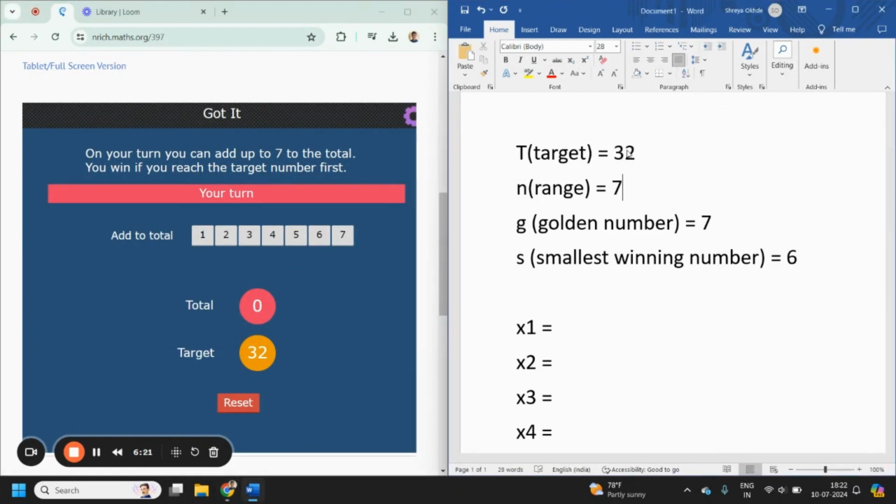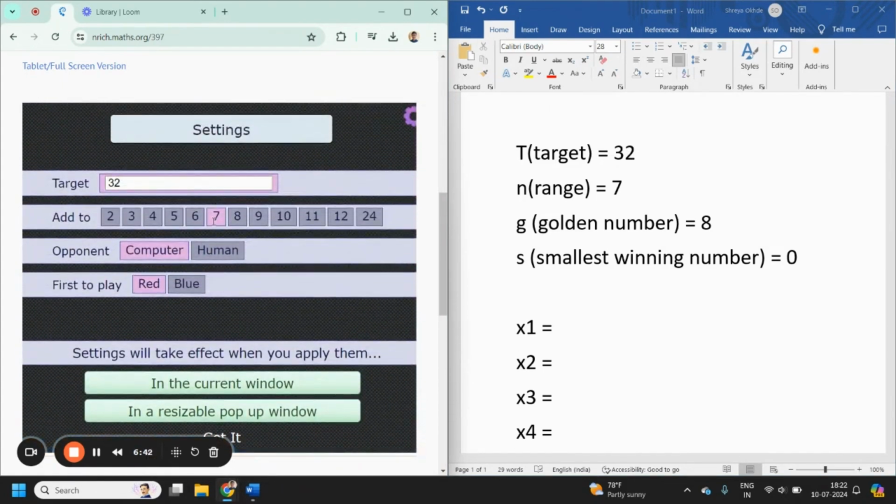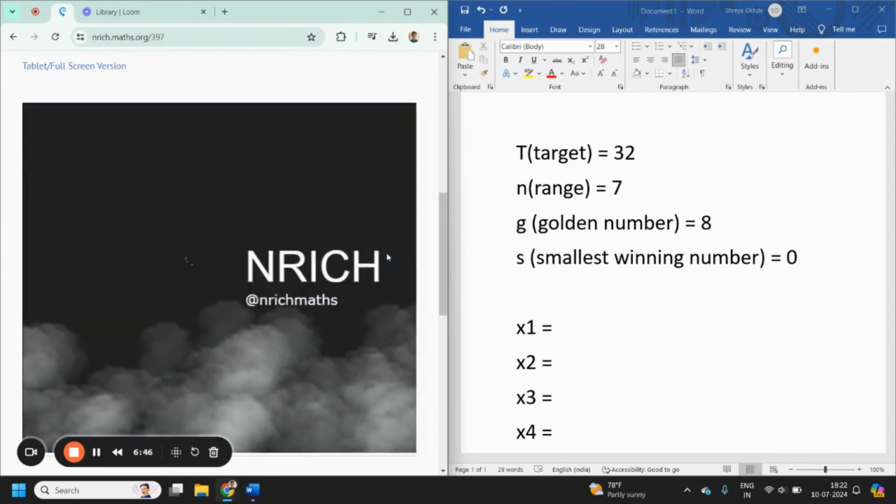The range is 7 and G is 8. But when I divide 32 by 8, I get 0. Now the problem with 0 is I cannot start with it. So what I can do is, I just let the computer start. That is the equivalent of me playing 0. So I can say first to play blue.